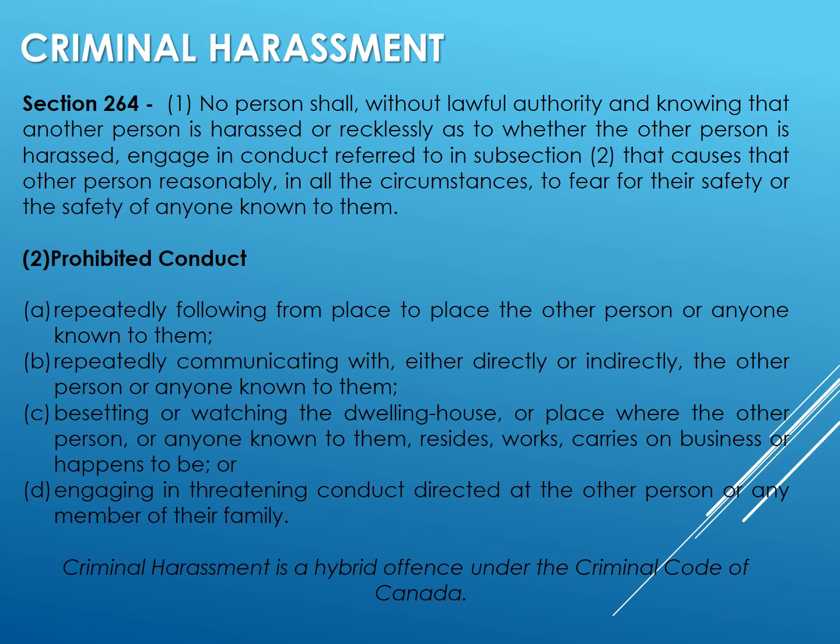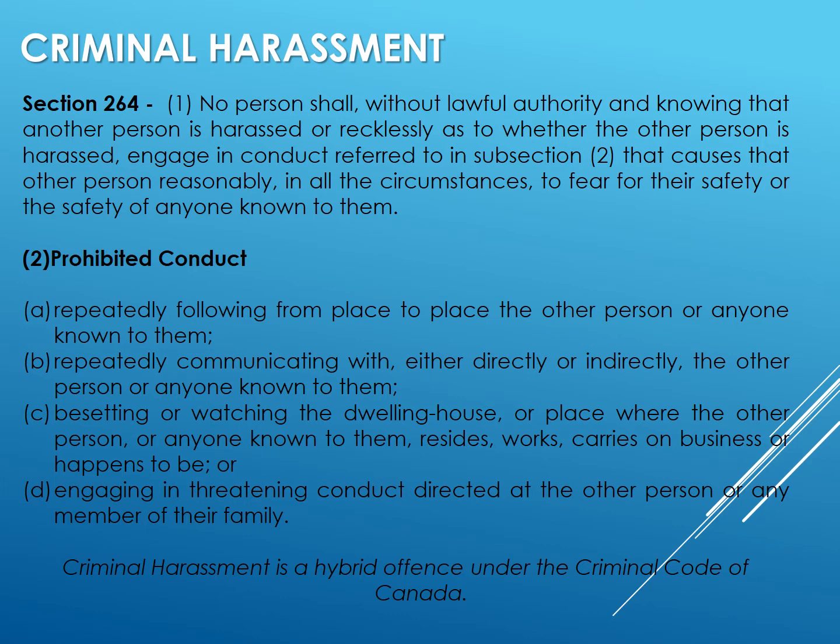Criminal harassment. Section 264. 1. No person shall, without lawful authority and knowing that another person is harassed, or recklessly as to whether the other person is harassed, engage in conduct referred to in subsection 2 that causes that other person reasonably, in all the circumstances, to fear for their safety or the safety of anyone known to them. 2. Prohibited conduct. A. Repeatedly following from place to place the other person or anyone known to them.